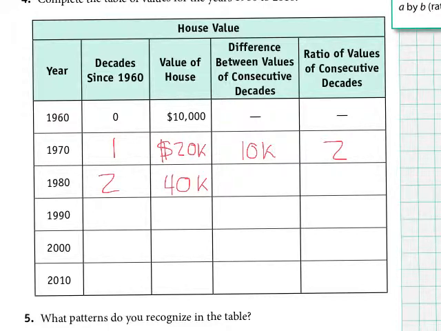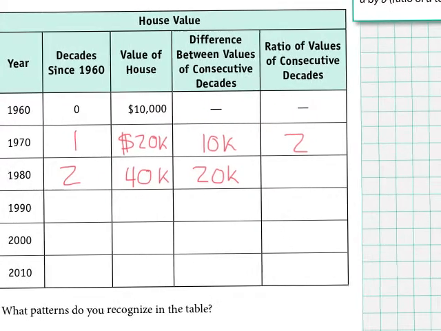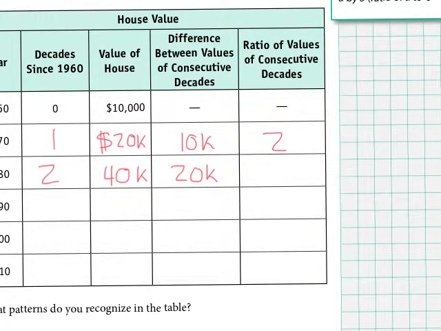The difference between 40,000 and 20,000 is just 20,000. And then my ratio here, so let's compute again. My ratio of 1980 was 40K divided by my 1970, which was 20K. So what's 40,000 divided by 20,000? That's again 2 over 1. So I just have a ratio of 2.